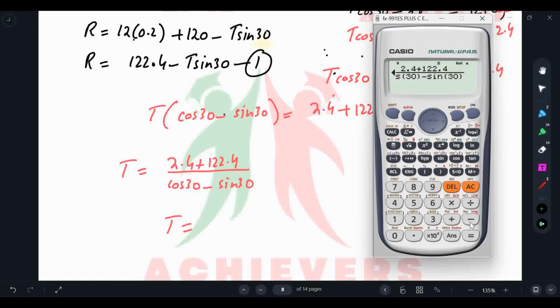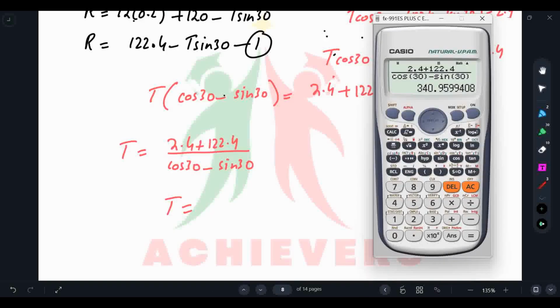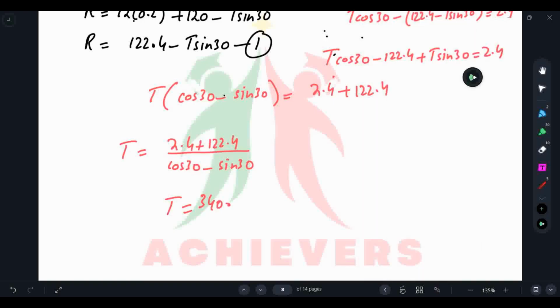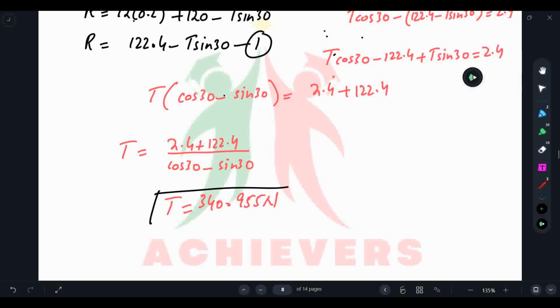Now cos 30 plus sin 30, so the final answer will be 340.95. So the final answer will be 340.959 Newton.